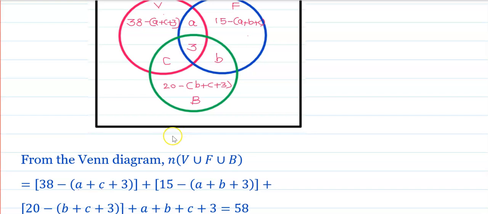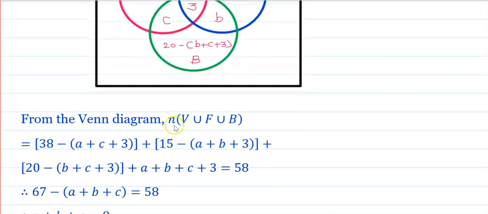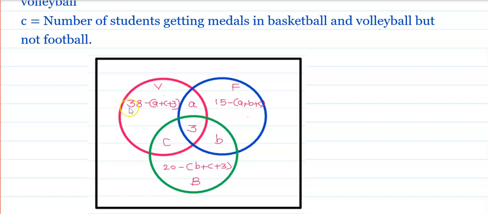Therefore, from the Venn diagram, n(V ∪ F ∪ B) is equal to the sum of all these, means what? 38 minus in bracket A plus C plus 3. Next is A plus B plus C plus 3. Next is 15 minus in bracket A plus B, and here is 3.